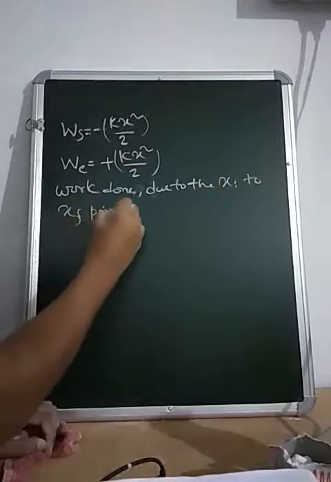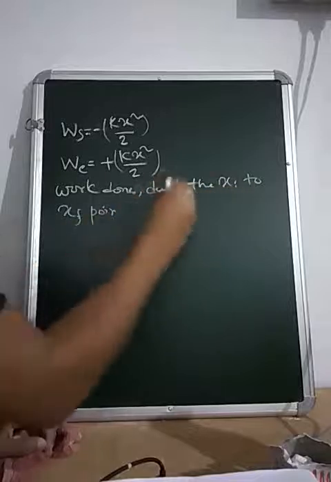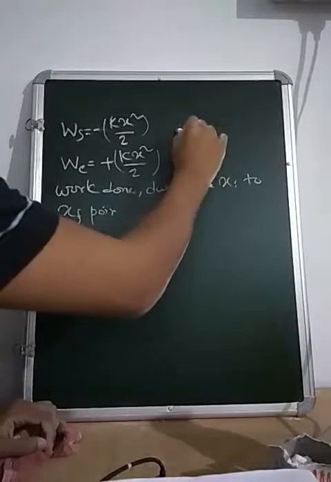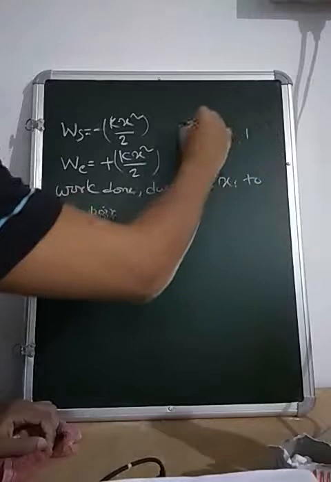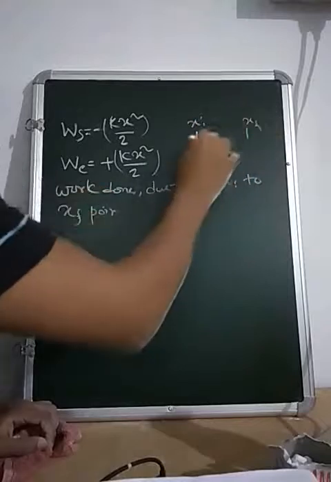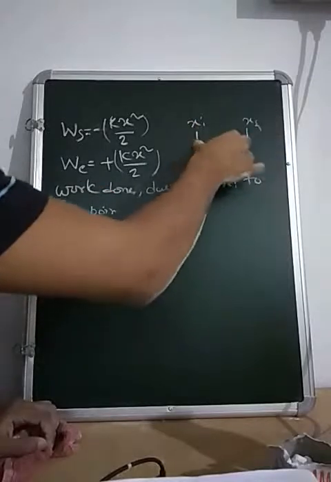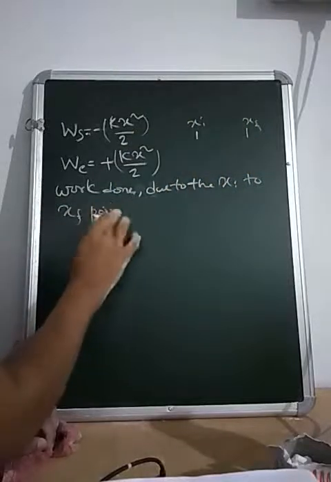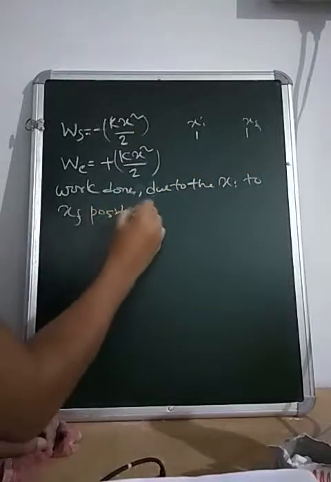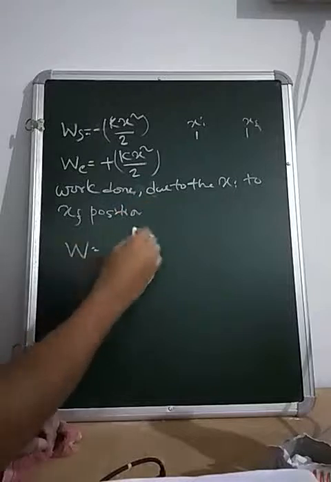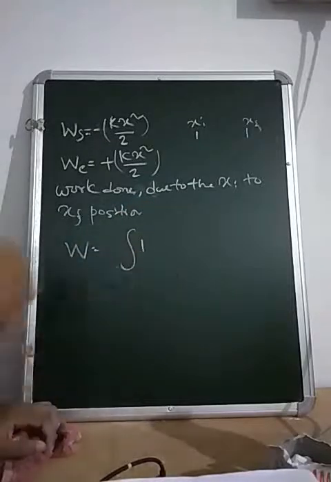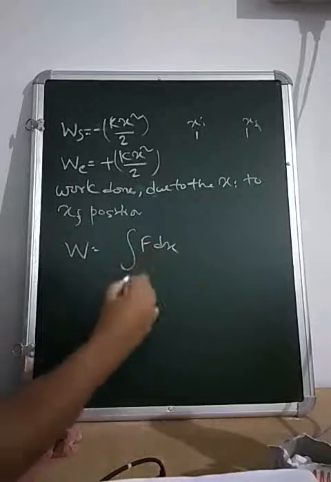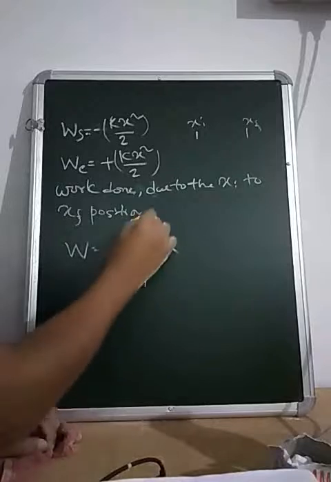Suppose this is xi and this is xf position. What is the work done due to this displacement of the spring? The work done will be the integration of this variable force F ds, from xi to xf position.